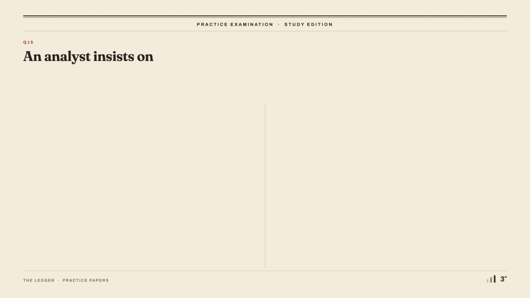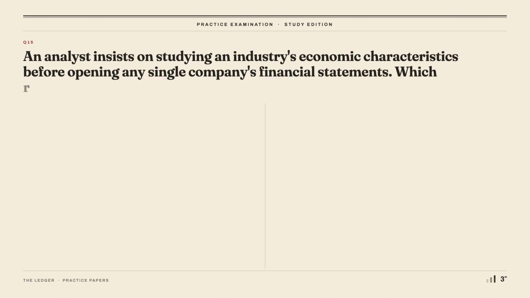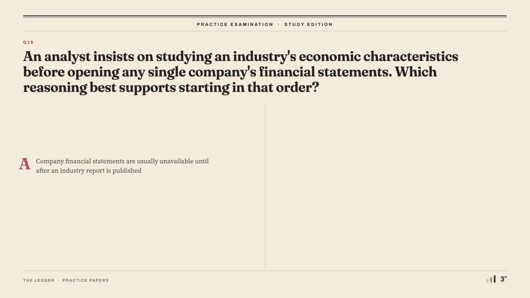Question 15. An analyst insists on studying an industry's economic characteristics before opening any single company's financial statements. Which reasoning best supports starting in that order? Your options are: A. Company financial statements are usually unavailable until after an industry report is published.